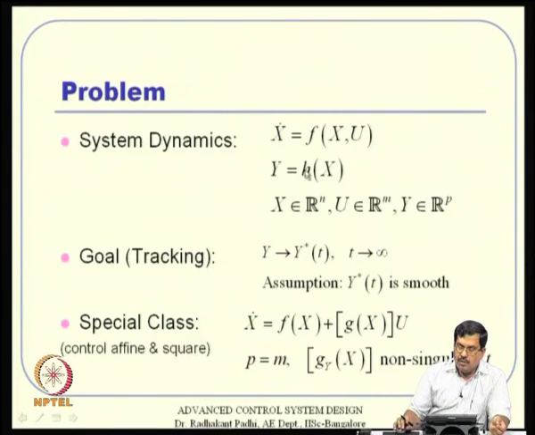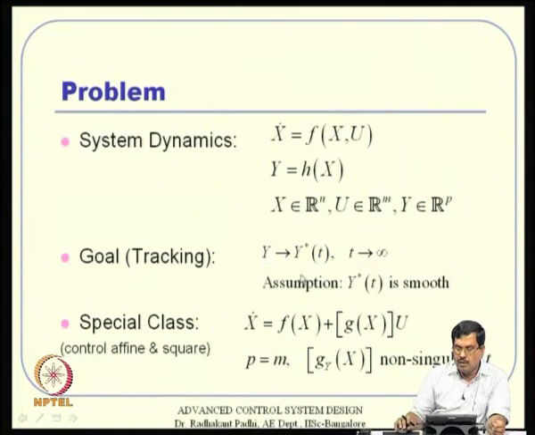Anyway, certainly it is a good idea to directly measure it, because if you have direct information, nothing like that. Coming back, this is the system dynamics that we are worried about, and this is the performance output that we are worried about. In other words, this output has to track some desired output, and that is the goal.